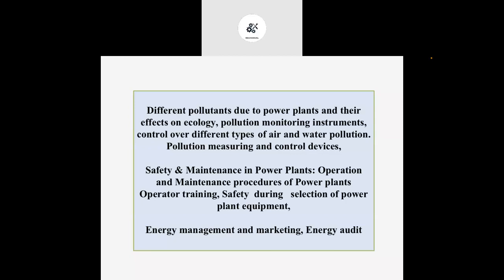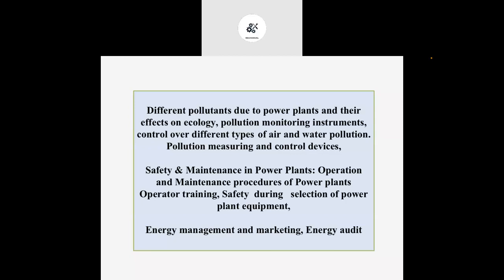And the last point is related to energy management and marketing and also the energy audit. Energy management is basically related to energy conservation. As we know, in India nearly 10 to 20% of the energy goes to waste.